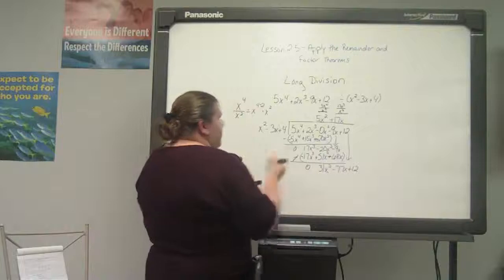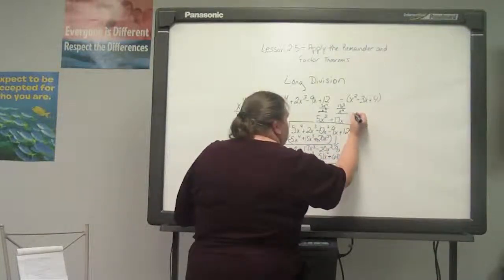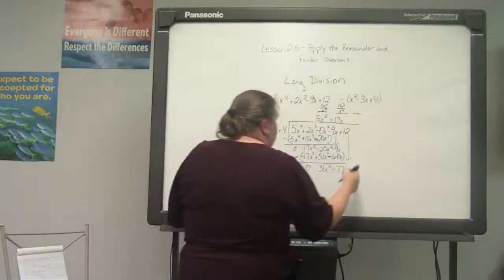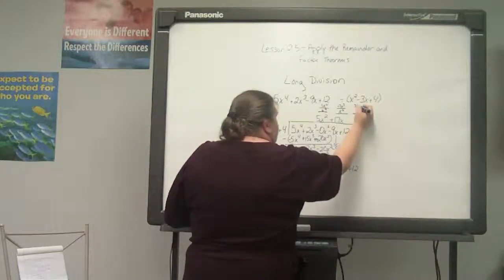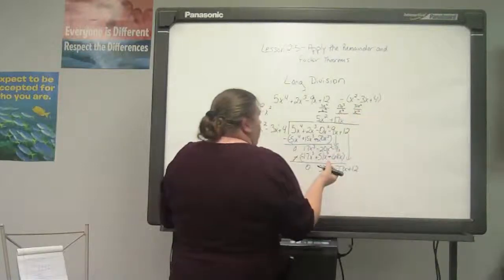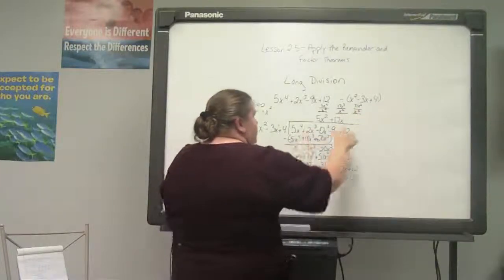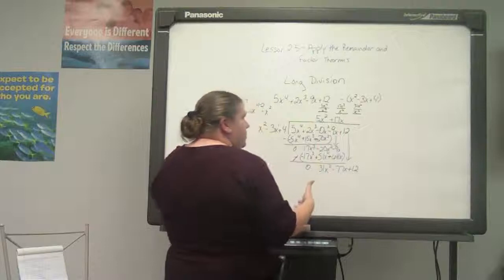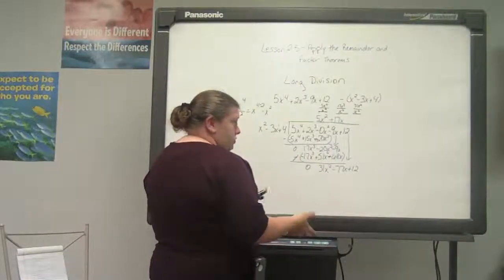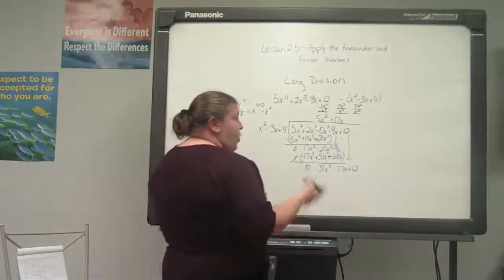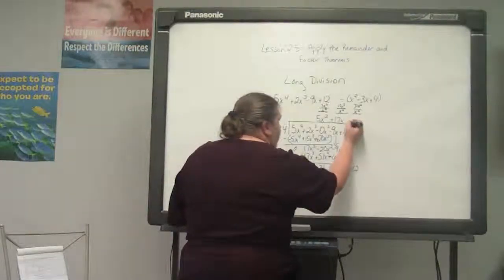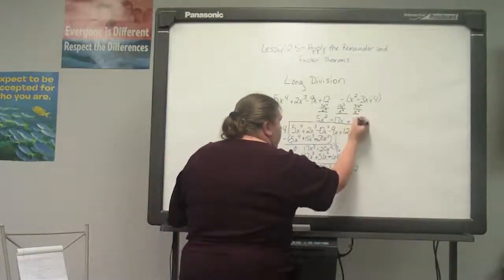Again, we're going to come up here and say, okay, this time I have 31x squared divided by x squared. So we can say x to the 2 minus 2 power gives us 0, and anything to the 0 power gives us 1. And so therefore we only need 31.